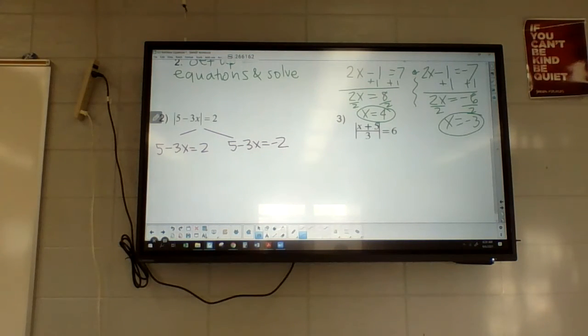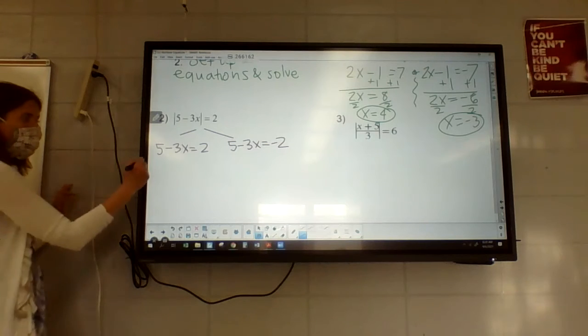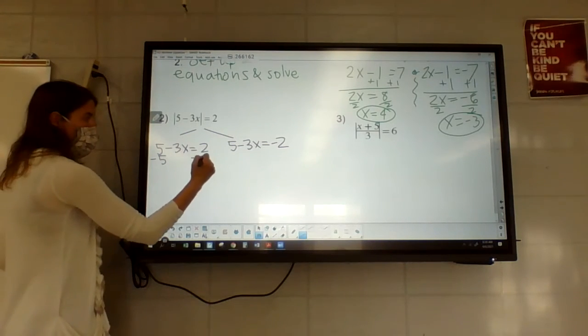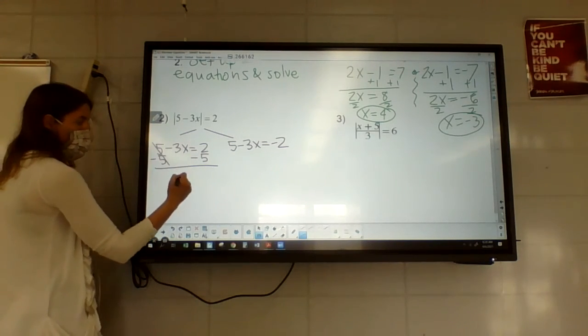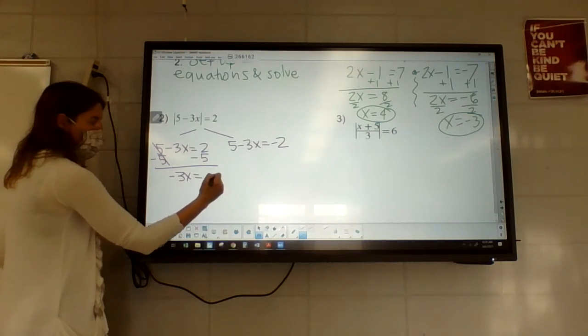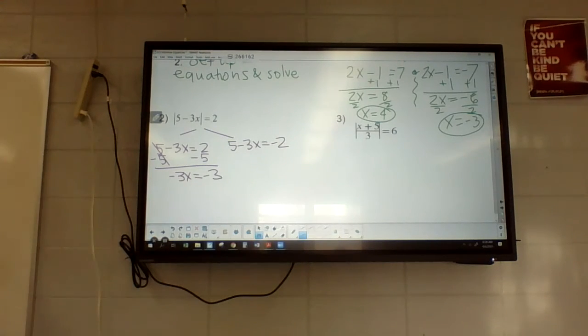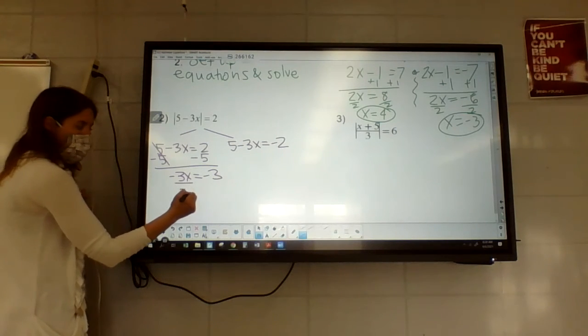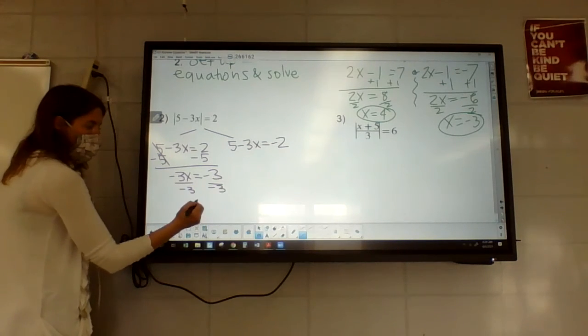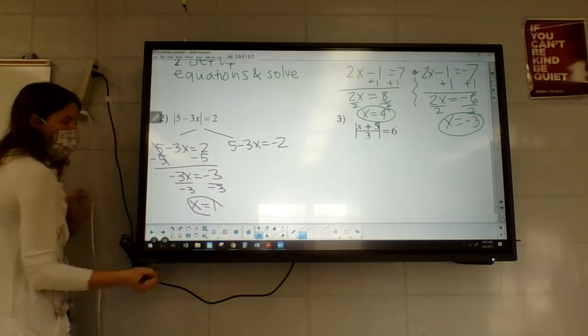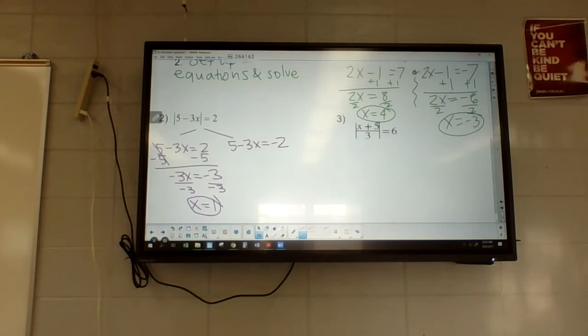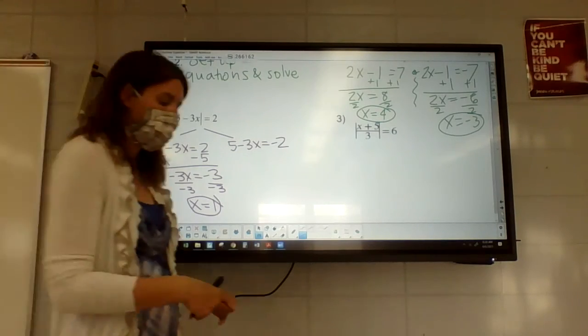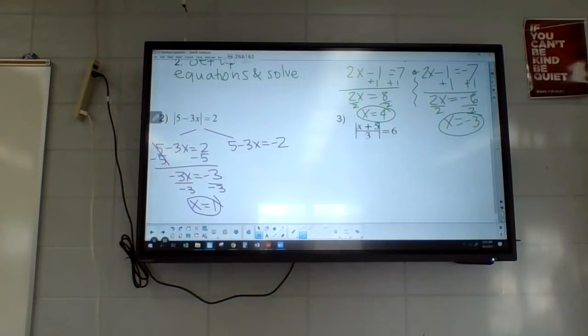So we're setting up the two equations, both a positive version and a negative version. We solve the one, we get x is 1. Now we're going to solve this other one.